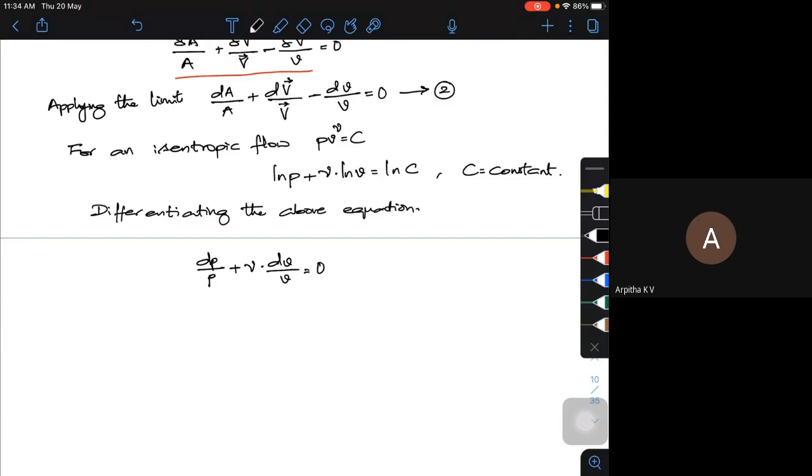Now, dp by p plus gamma into dv by v is equal to 0.